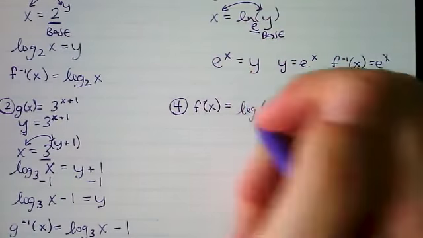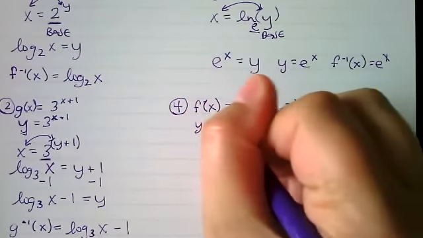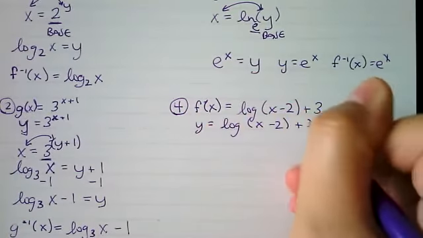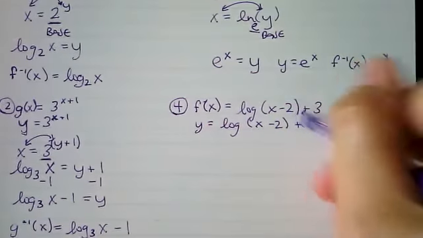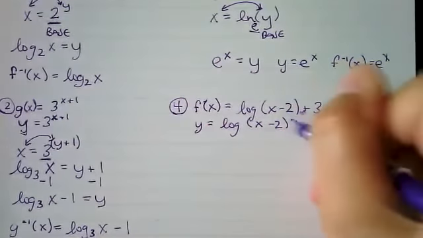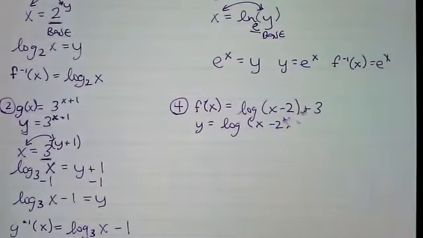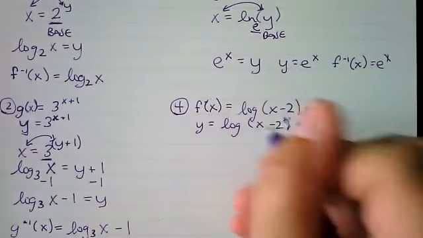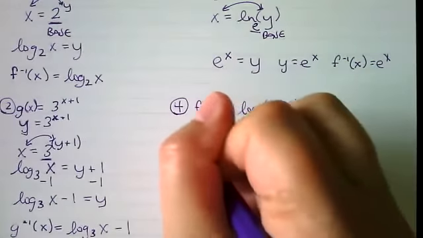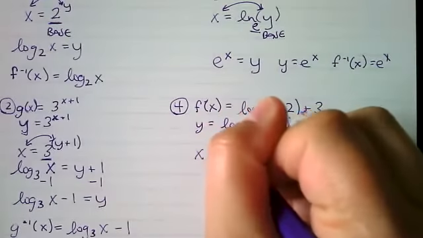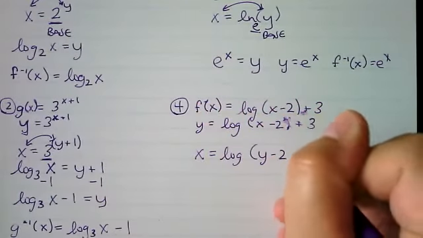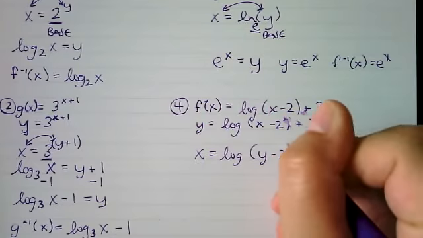So first thing, change f of x into a y so that we can then switch them. Sorry, guys. And then I'm going to switch my x and my y. So now I have x equals log of y minus 2 plus 3.